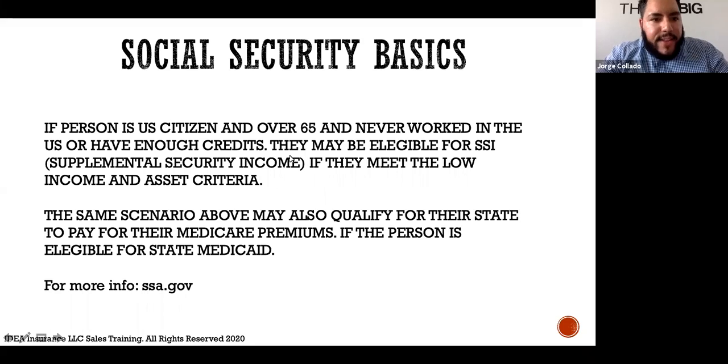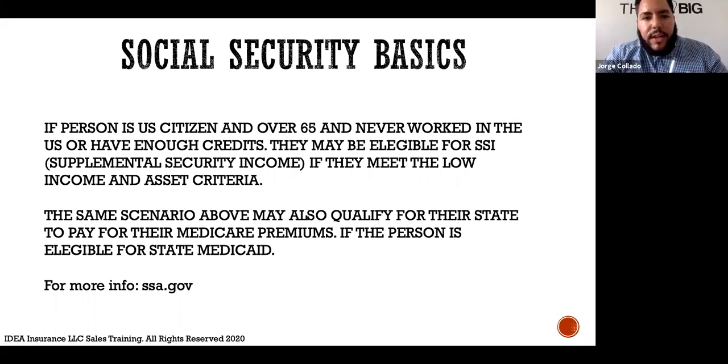And I think this is the last step here. If a person is a US citizen, this is also really important, and over 65, but never worked in the US or did not have enough credits, they may be eligible for something called SSI, which is Supplemental Security Income. This is not the same as Social Security SSA or Social Security Retirement.